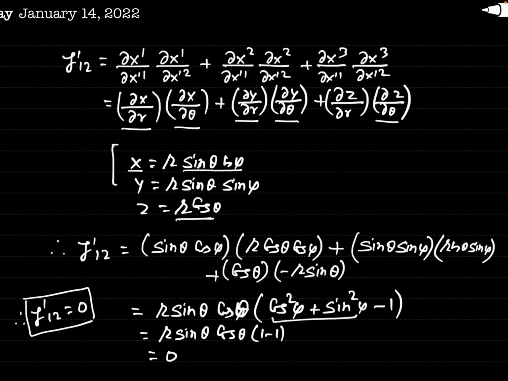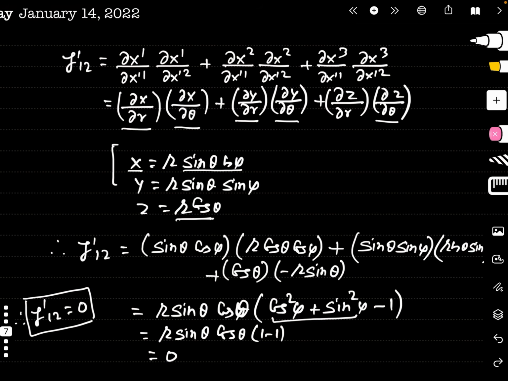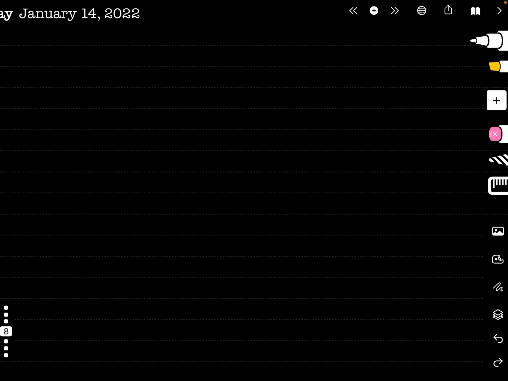So you can see when mu and nu both are different, then this component of this metric tensor is equal to 0. But as you know that this metric tensor is a symmetric tensor, so actually g prime 1 2 is equal to g prime 2 1, because this is a symmetric tensor, and therefore this will be also equal to 0.